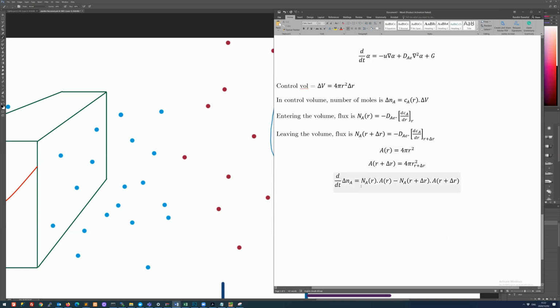So d/dt of delta Na, Na is this, and then the delta V is our choice, so it's a constant of differentiation, and the delta V we found to be this thing. And then Na we know is this.